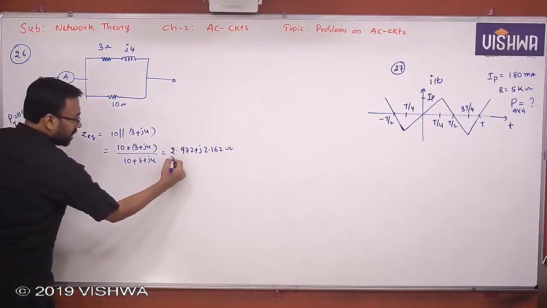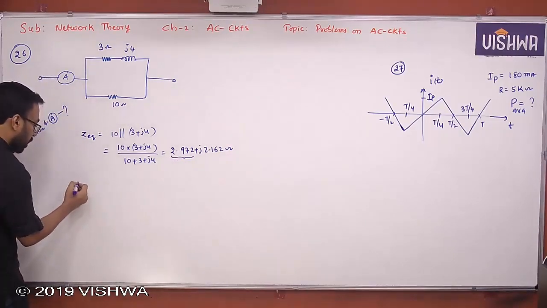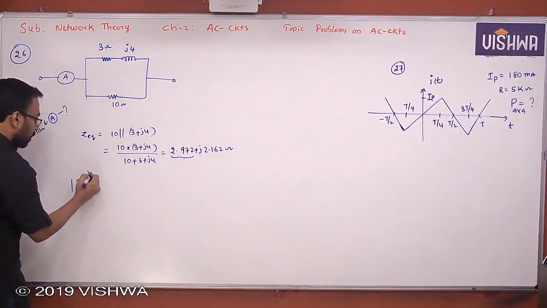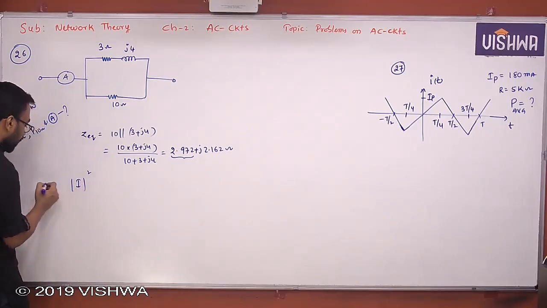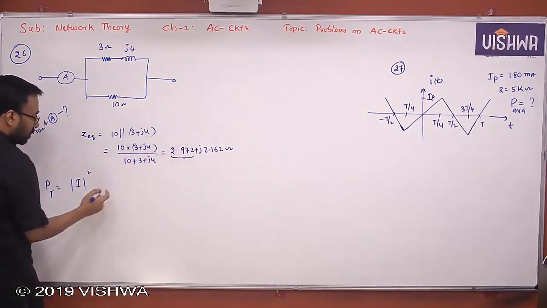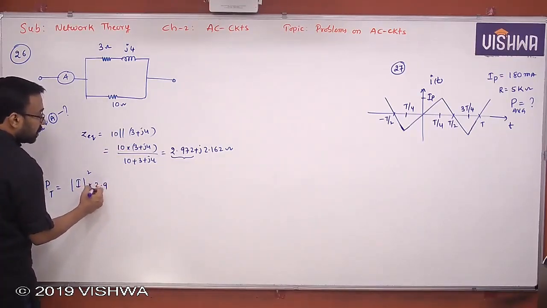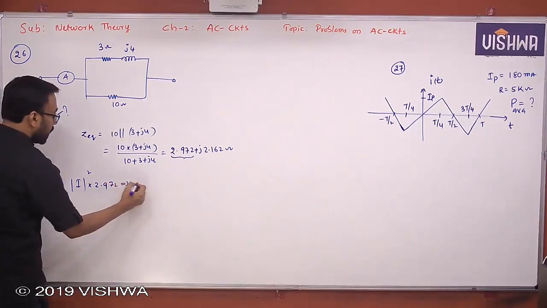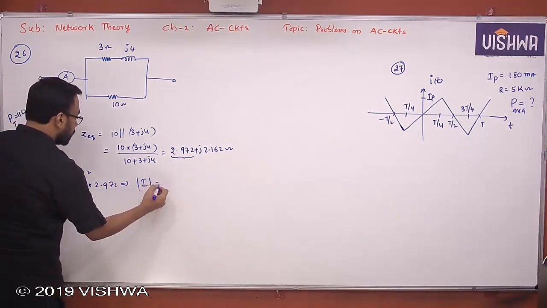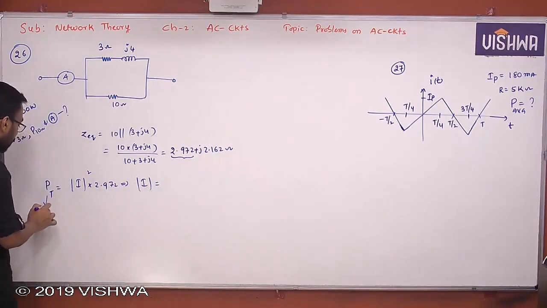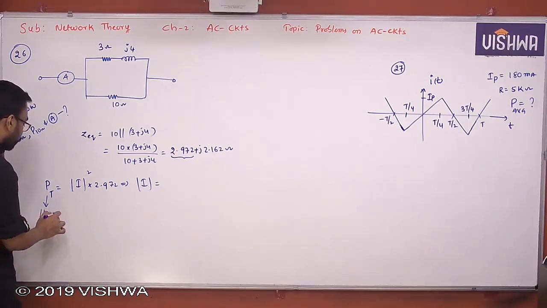Now in that, the resistive part is this, right? So total P is nothing but the real part of the total impedance into I squared, that is the current flowing through it, into 2.972. From this I get I, since you already know the value, 1100 watts.